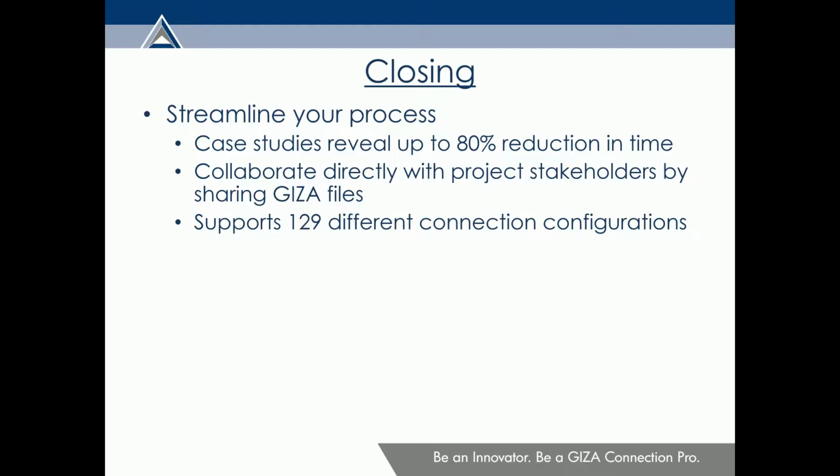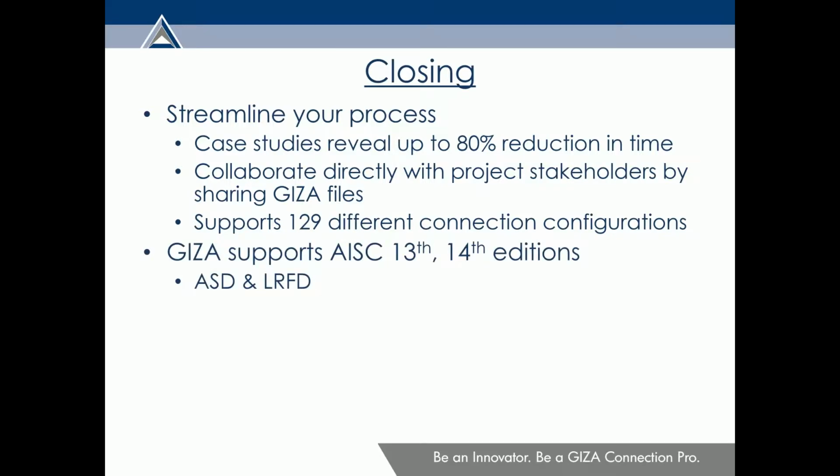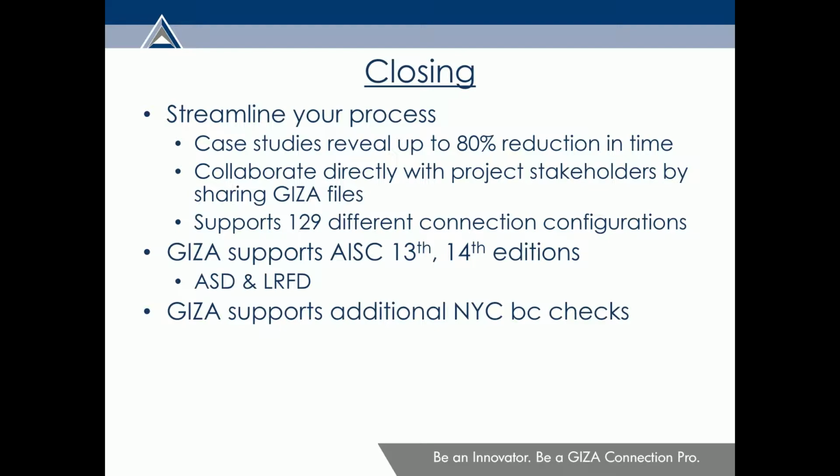We briefly went over some of the connections today in the demo, but just as a recap, our system supports 129 different connection configurations within the Tekla system. We also support the AISC 13th and 14th editions, both ASD and LRFD. And we also support the New York City building code checks.